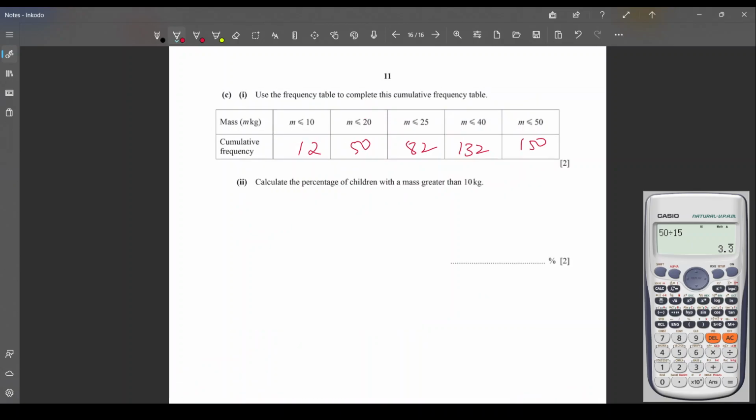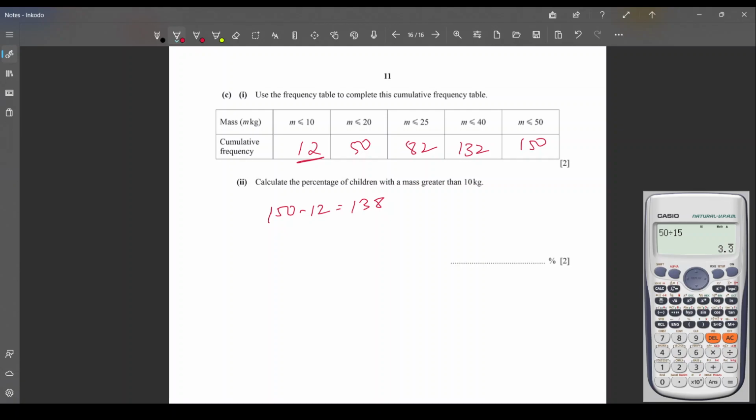So this is your cumulative frequency, and now calculate the percentage of children with mass greater than 10 kg. The total is 150, and the number less than 10 kg is 12. So we'll be subtracting 150 minus 12. We will be getting 138 children who are greater than 10 kg.